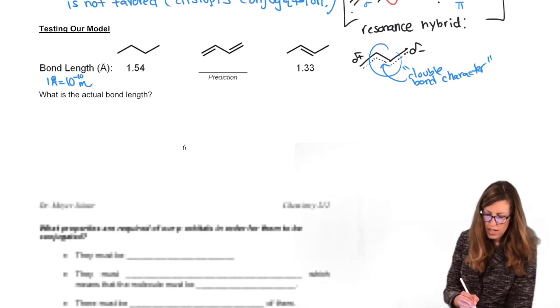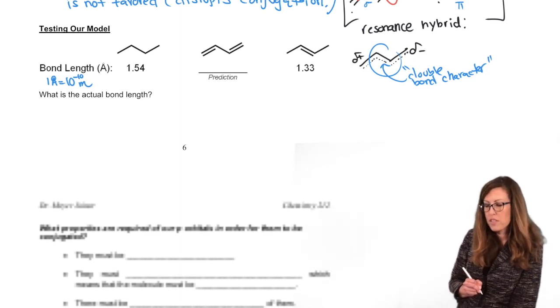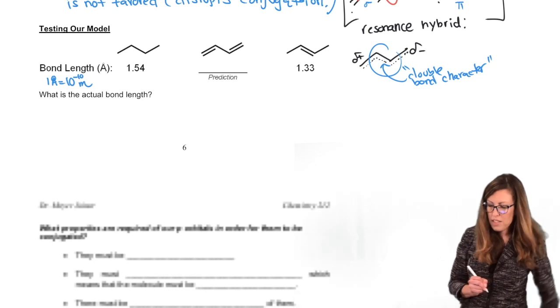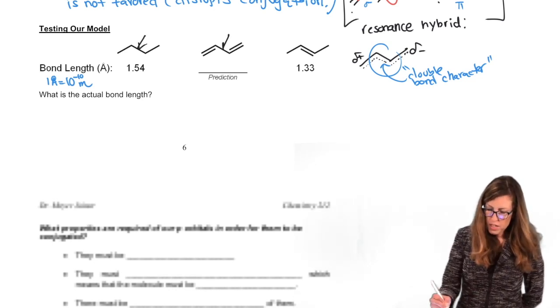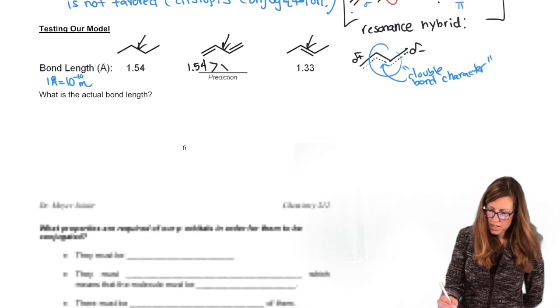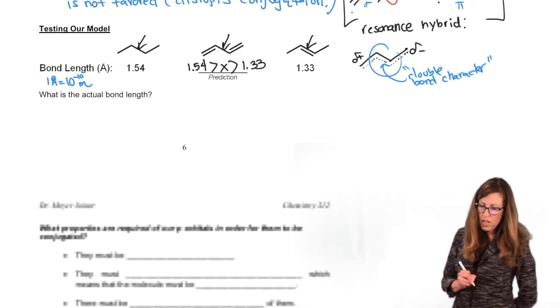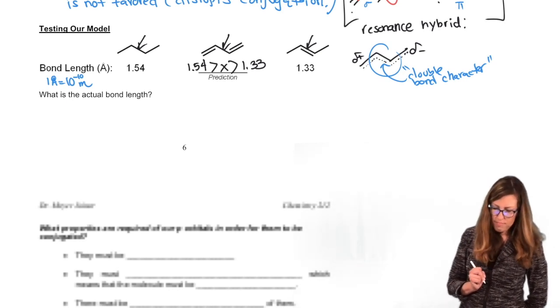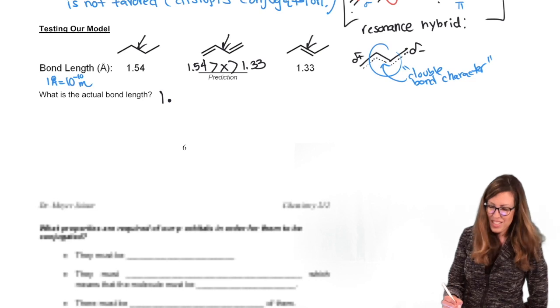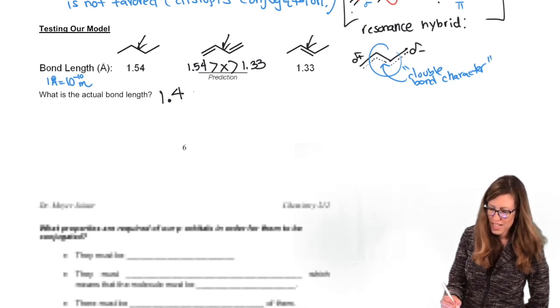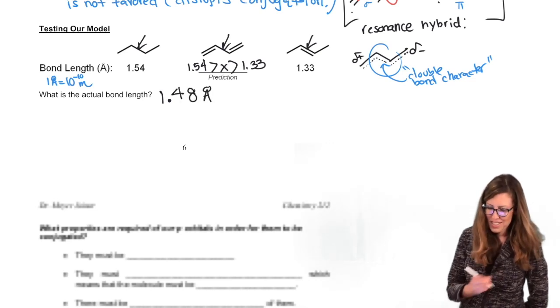So if we say, okay, I believe there's resonance, even if it's the small contributor, it's there nonetheless. That means the bond length, we're talking about this bond right here, is going to be somewhere between 1.54 angstroms, we'll call it X, and 1.33 angstroms. The true bond length, here we go, 1.48 angstroms, we were right.